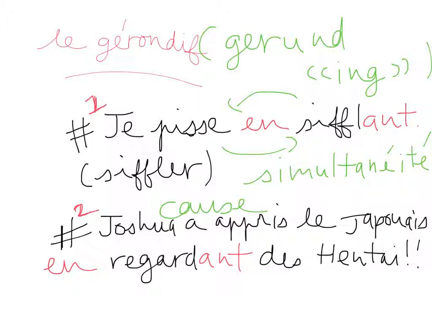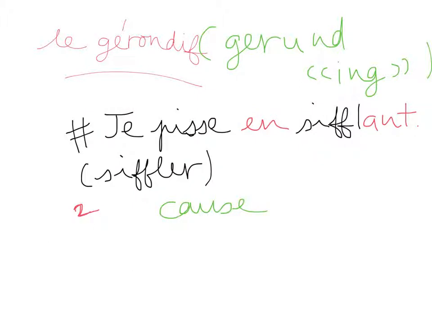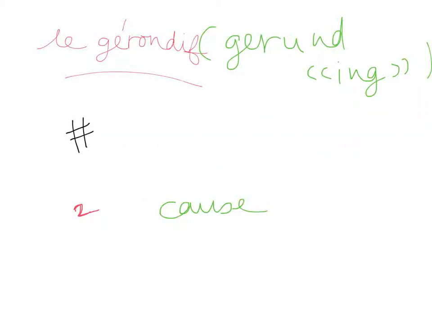And there is a last use if you want to have an exhaustive look at the gerund. The last use is what we will call the condition. So it is something where you would have si, or if.